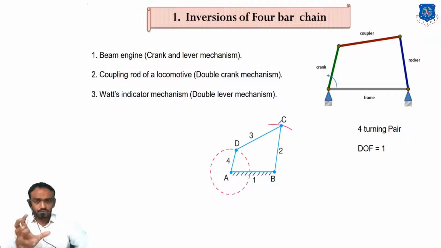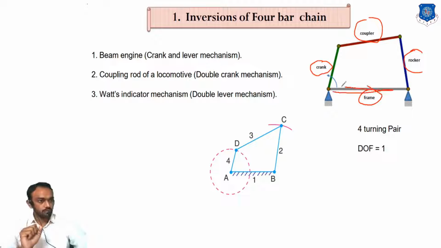First of all, we have to understand what a 4-bar chain is. In a 4-bar chain there are 4 links: one is a crank, second is a coupler, third is a rocker, and fourth is a frame. Frame is always fixed in this case.